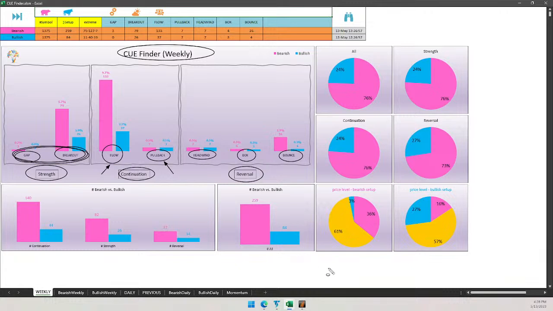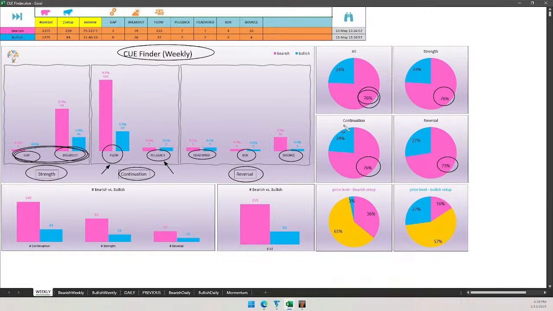And the other graphs show different perspectives of the data. If we see all the setups, and now I am not talking about signals, they are proper trade setups only: 76% bearish strength, 76% bearish trend continuation, also 76% bearish reversal, 73% bearish.